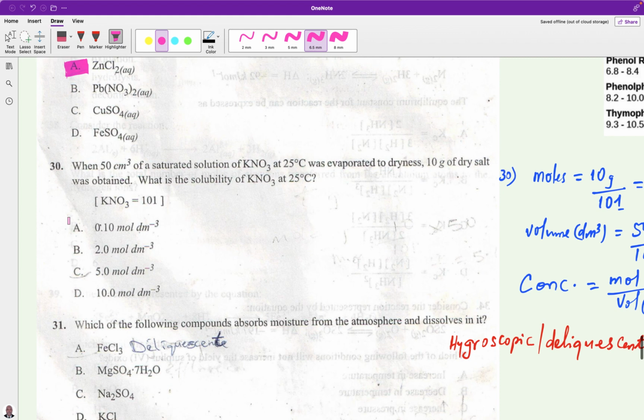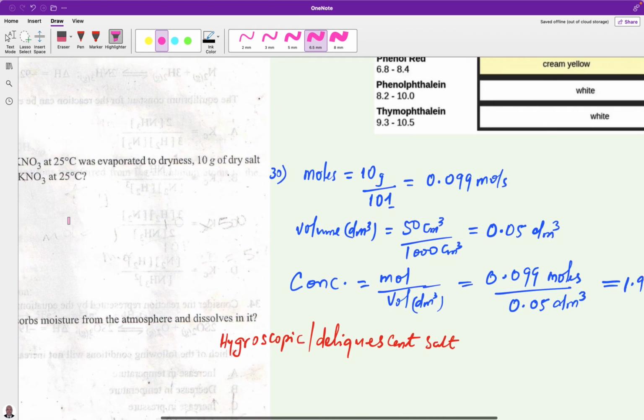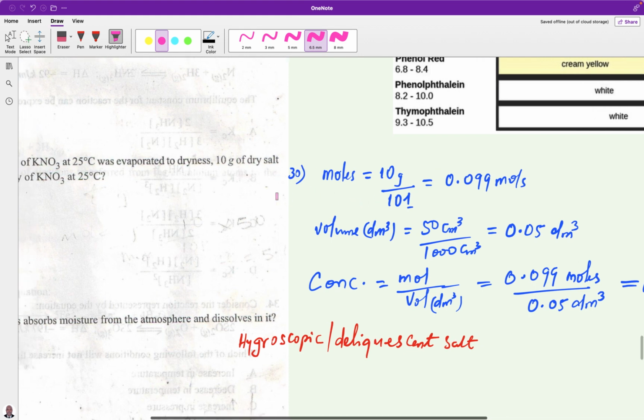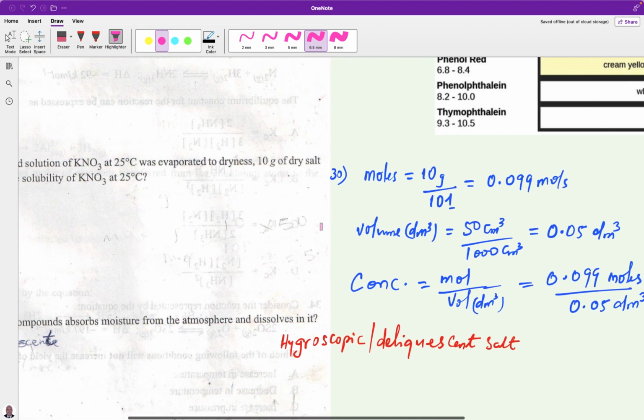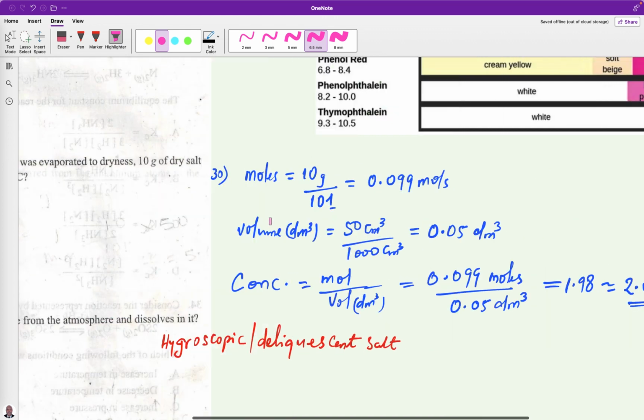To have the concentration, the first thing we do is, since we're given 10 grams of the dry salt recovered, and the molar mass of potassium nitrate as 101, the number of moles of the dry salt recovered will be 10 grams divided by the molar mass, which is 0.099 moles.